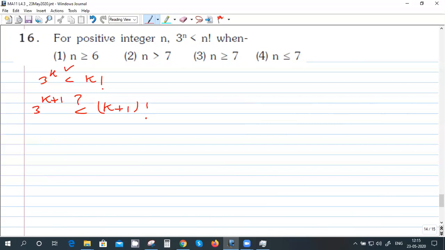This is 3 raised to the power k into 3. The meaning of k factorial is, suppose 7 factorial is 7 into 6 into 5 into 4 into 3 into 2 into 1. So k plus 1 factorial is k plus 1 into k factorial.